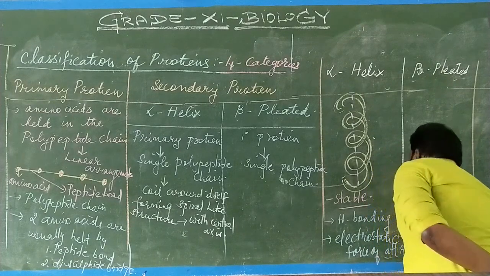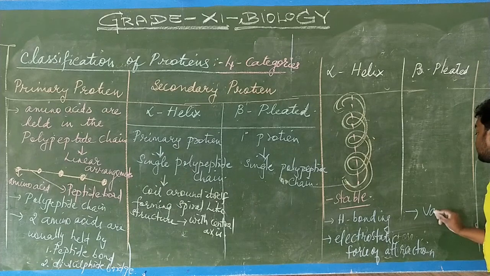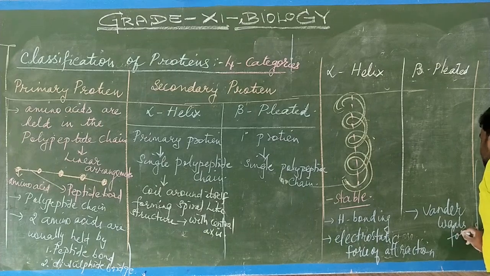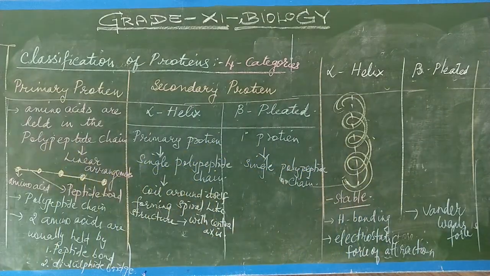Similarly, இங்கேயும் அதே மாதிரி தான் electrostatic force of attraction. Beta pleatedக்கும் same தான். Then electrostatic force of attraction. Sometimes it will be having the van der Waals force of attraction also, and similarly it will be having hydrophobic interaction.